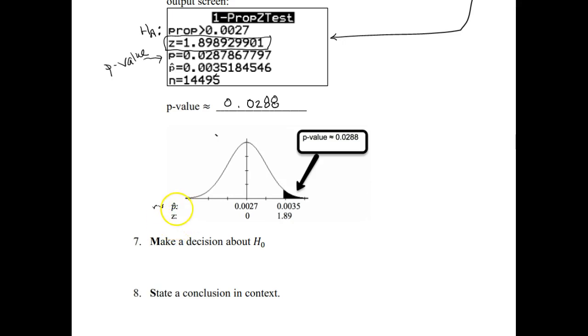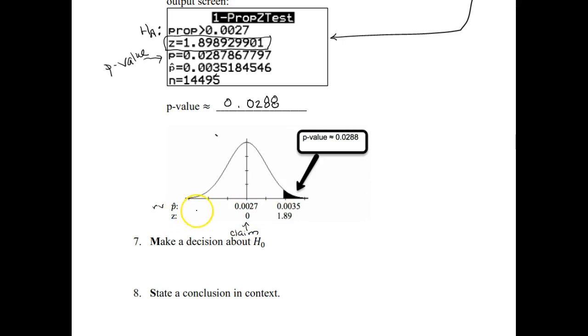In the center goes the hypothesized value of p hat, the claimed value. In the null hypothesis, they claimed our value of p would be 0.0027, so we would expect to get a p hat near 0.0027. The z-score is how many standard deviations away from center we are. We're standing right on center, so our z-score would be 0.